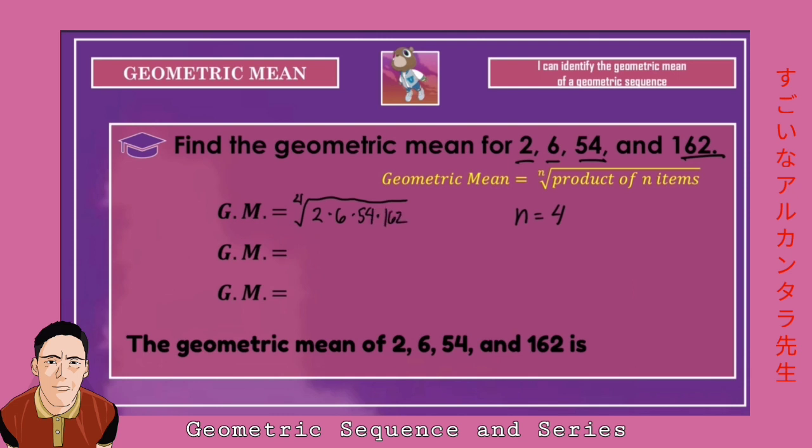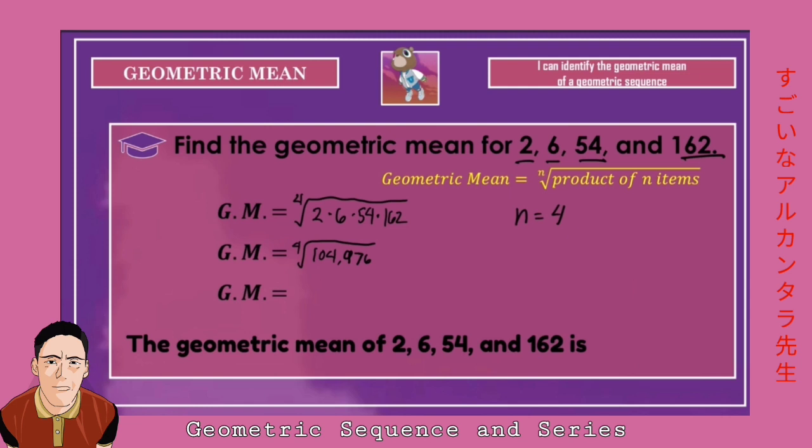How will my phone calculator do this? I don't know. 2 times 6 times 54 times 162. So we're going to have the fourth root of 104976. Is there a fourth root calculator on Google?